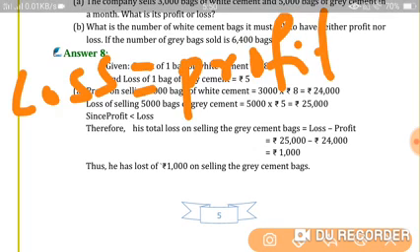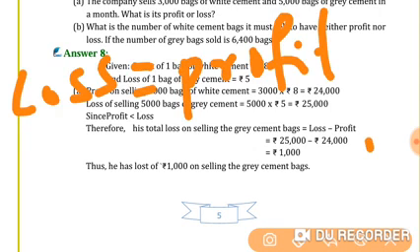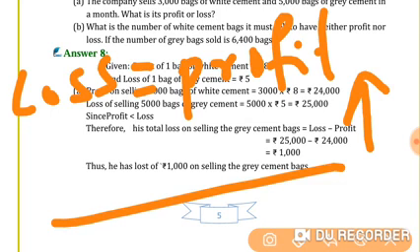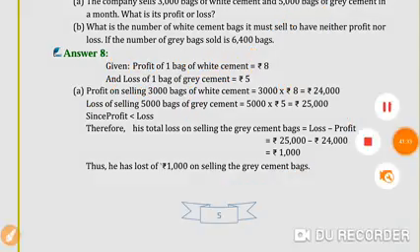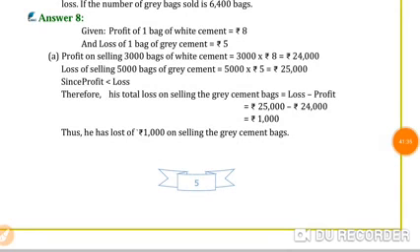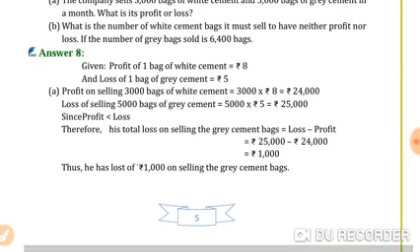Then see, profit is 24,000, loss is more, so we should increase the white cement bags. Then it will become equal. Not only 1,000, it is more because it is minus. If you want the loss equal to profit, you must increase the number of white bags sold.